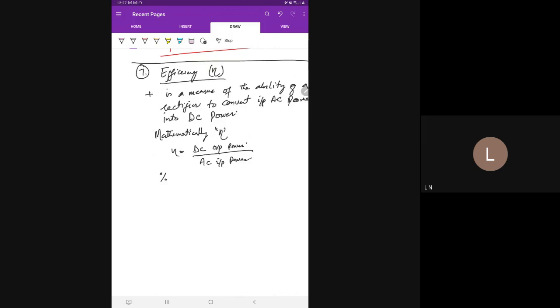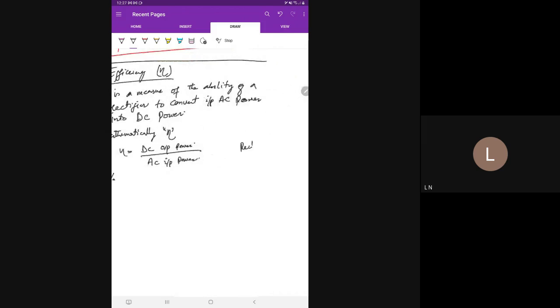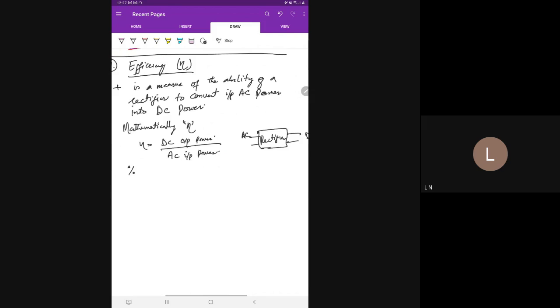Output of a rectifier is DC, and its input is always AC. So it is DC by AC, because efficiency is always output by input. So it is DC output power divided by AC input power. AC input power we have already calculated, and PDC we already know.